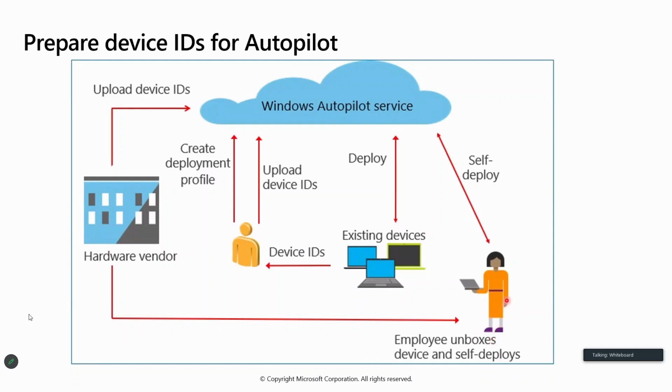The employee unboxes it, and Autopilot takes off and does everything. Here are my existing devices. For that, the administrator needs to extract the device IDs and upload them. But for my new devices, the hardware vendor can do that on our behalf. Still using Autopilot for both.